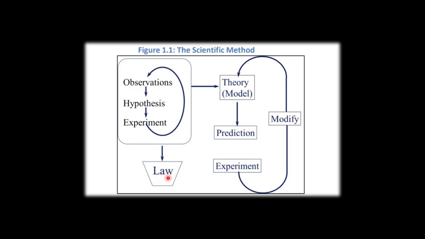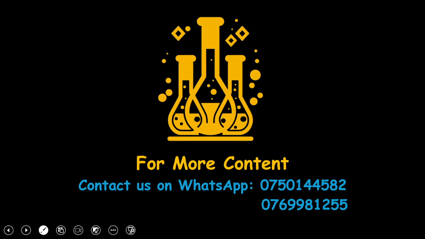Okay, so many are the times that when you do the experiment again, you may come back and try to make other observations or come up with other hypotheses and try to see if you can make a law from that as well. So these are just basically the few things that you need to know when we talk about the scientific method, right?